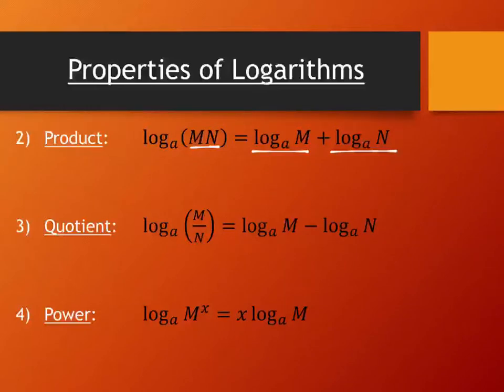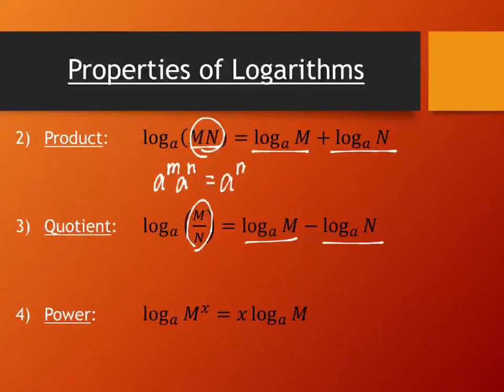If multiplication inside of a log turns into addition, then it should make sense that division inside of a log would turn into subtraction. And again, this is hearkening back to what you remember about exponentials, right? Do you remember the corresponding exponential property, a to the m times a to the n, and what it allows us to do is add m plus n like this?